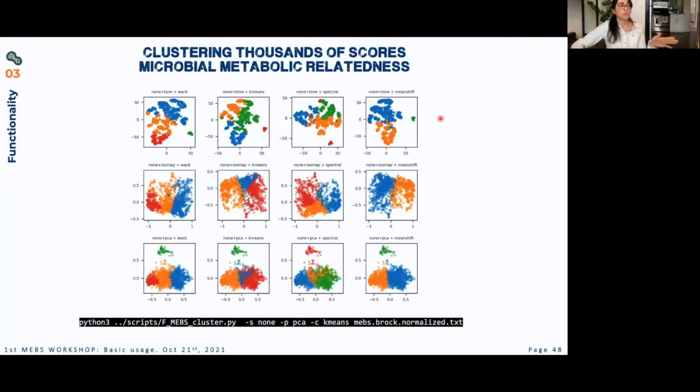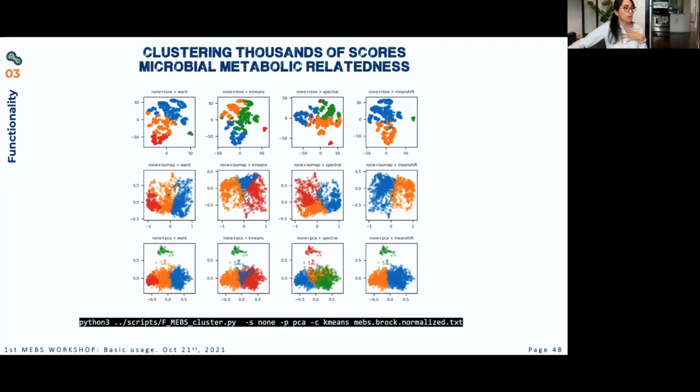And so just by using this script, fMEBS cluster, with a data set, with any type of data frame, with columns and values, you can have a clustering of your data and visualize your data. So now imagine that I want to focus specifically on this type of data, on this graph, because this graph, let's say, separates the clusters the way I want, right?